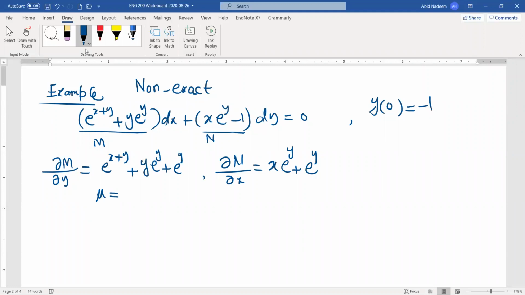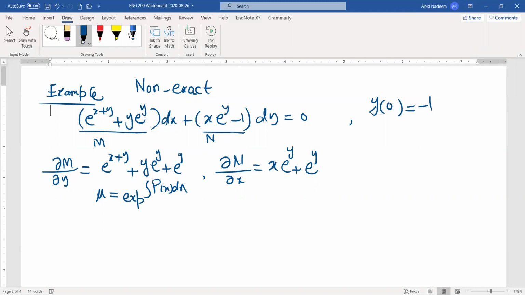One of the approaches says that we take the exponent of the function p, which is a function in terms of x, and take its integral.